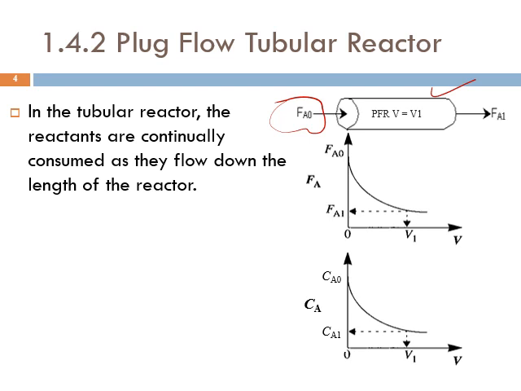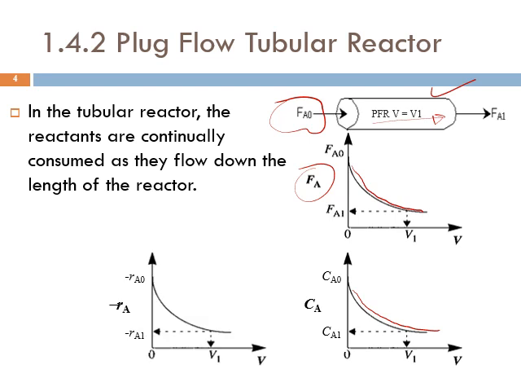As the reaction mixture flows down the length of the reactor, A gets consumed, so the molar flow rate of A is decreasing, which most probably means the concentration is decreasing as well, which translates into most probably a lower rate of reaction down the length of the reactor.